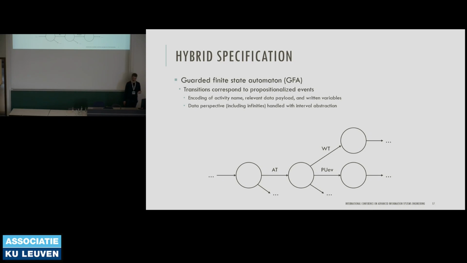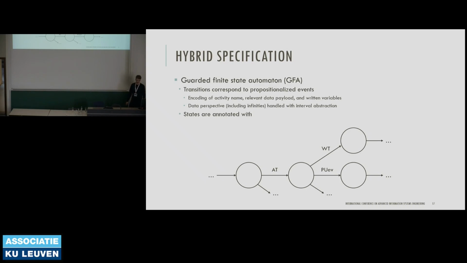And the data perspective, including infinities that can happen, are handled with interval abstraction. So, just briefly mentioning, infinities here means that if you have a condition saying x greater than 5, then what you actually have is an interval from 5 to positive infinity. And if you do things right, you can treat it as a single interval.